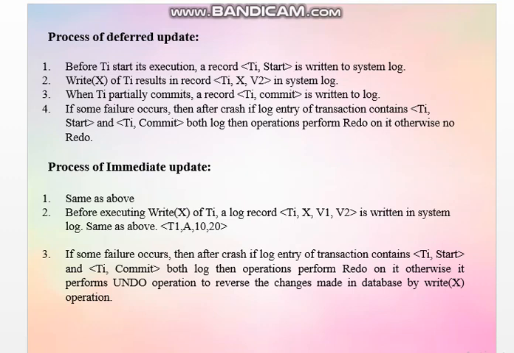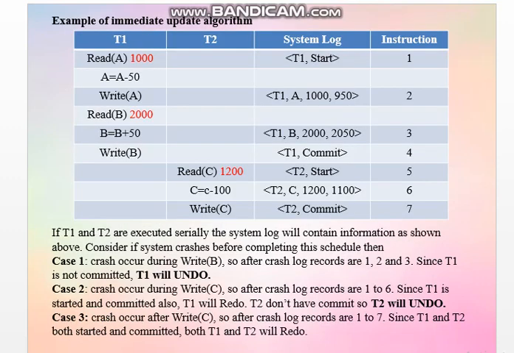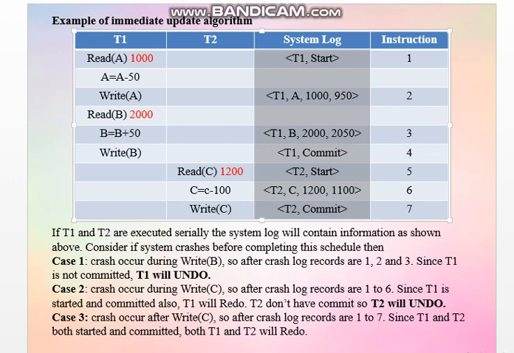This is an example by which we can understand the immediate update recovery method. Again, here I have transaction T1 and transaction T2. Transactions T1 and T2 are executing serially. Here is a log file which is maintained by the system, and these are the set of instructions and instruction numbers.